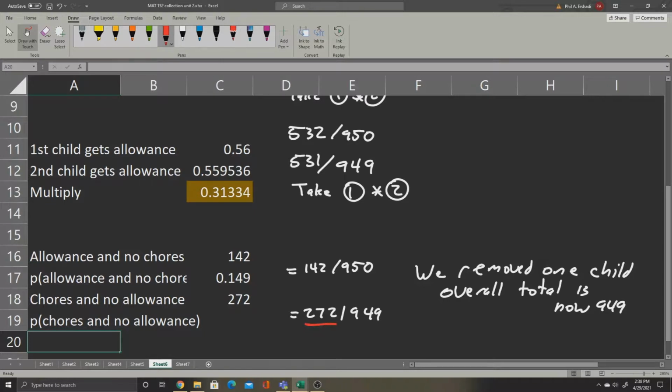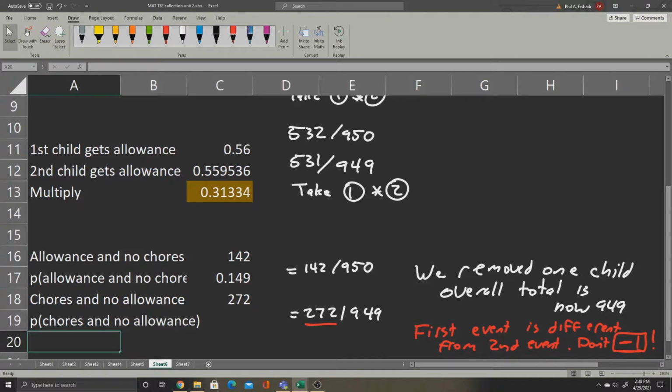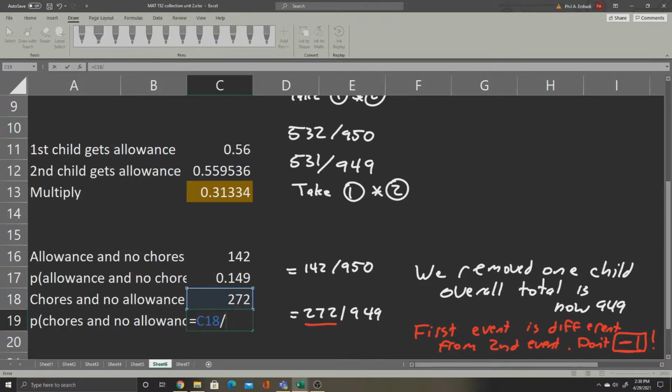And the reason why we didn't subtract anything from the 272 is that the first event is a different category than the second event. Therefore, we don't subtract 1. So to calculate the probability, we'll say equals the 272. We'll divide by 949.